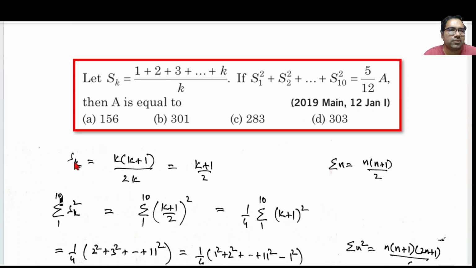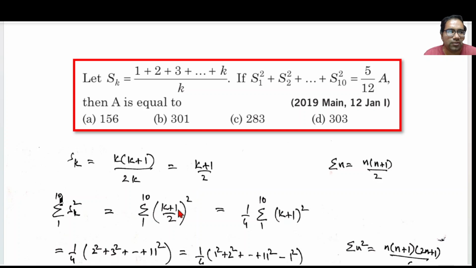So S10 is equal to 10 plus 1 by 2, and S5 equals 5 plus 1 by 2. Here we have used the simple thing that the sum of first n natural numbers is n into n plus 1 by 2. Now we have to find the sum of this kind of series.